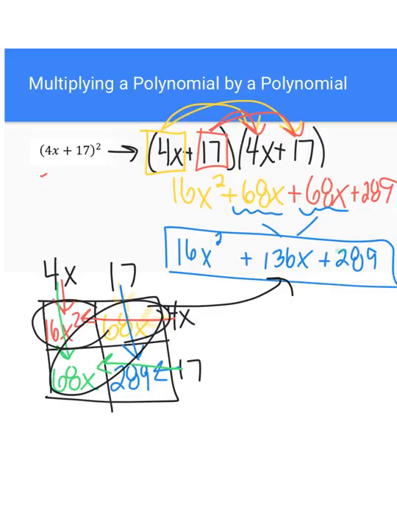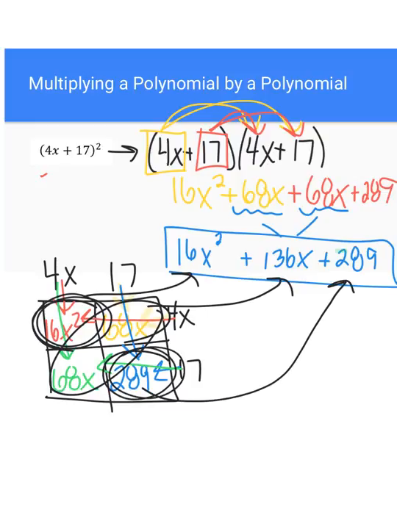You also have the 16x squared, like we had in the double distribute method, and you have your 289. Okay, so just an organizational tip. If you feel like you're having a hard time matching up your terms, I would recommend that box method there.